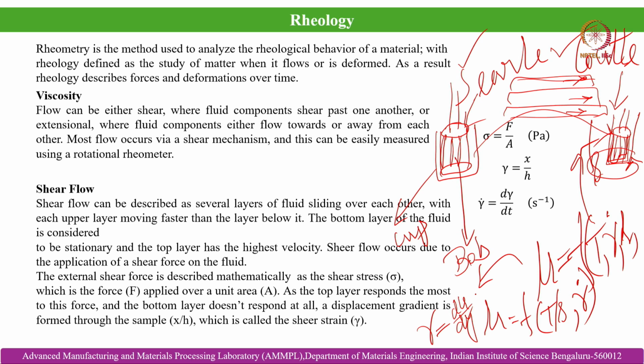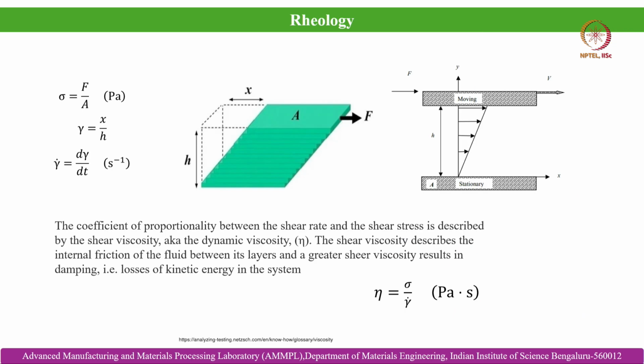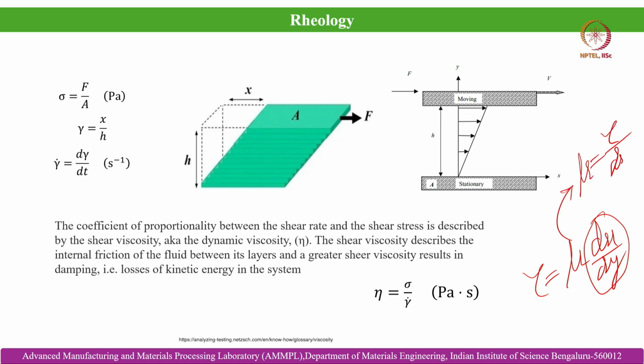As we all know, viscosity mu can be defined as tau equal to mu du/dy. This is the shear strain rate du/dy, or velocity gradient. From here we can estimate the value of dynamic viscosity, which is nothing but tau divided by du/dy. Tau is the shear stress, here defined as sigma, and the shear strain rate is defined as gamma dot.